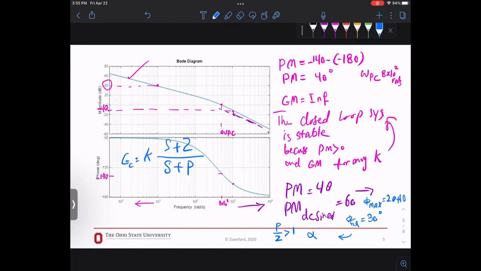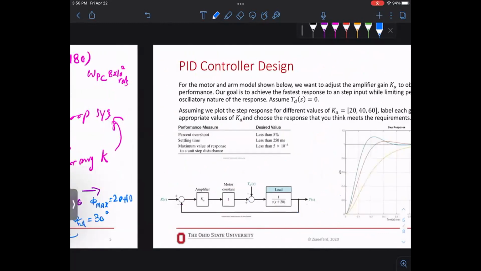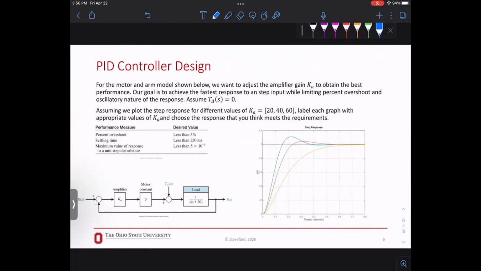All right. So there will be a question that kind of asks about everything. It could be like that, could be like a PID control design. I don't know, I haven't actually written your exam yet, but this is another kind of question. I gave you the plant, I kind of gave you what kind of controller I want. I might ask you to design it. Here you have a KA amplifier.